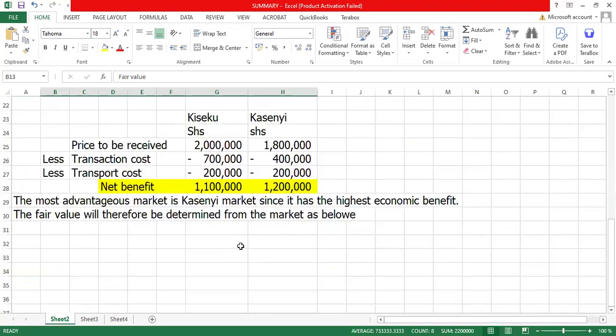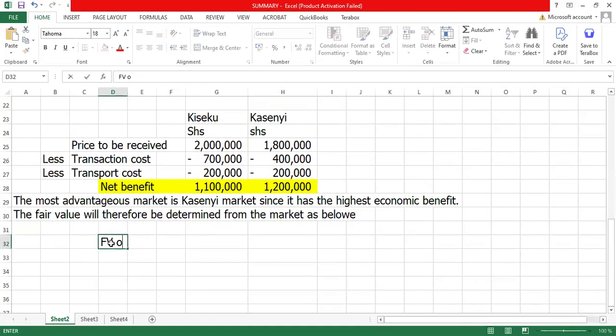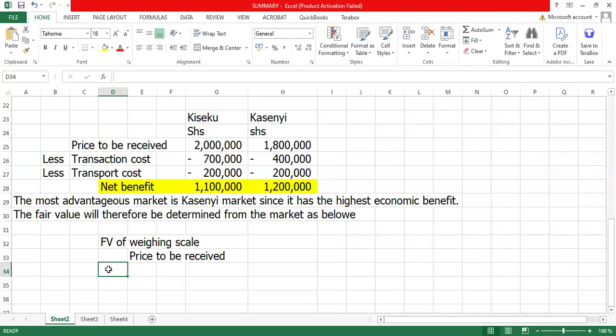You will be basing on the Kasenyi market, and you get the fair value of our weighing scale. I get the price to be received. Remember, once you know the market, you don't again talk about the transaction cost as you determine your fair value. You simply look at the price to be received, then you remove the transport costs, full stop.